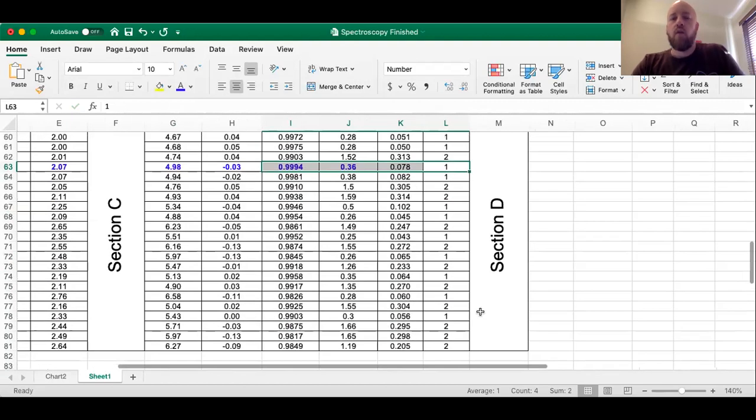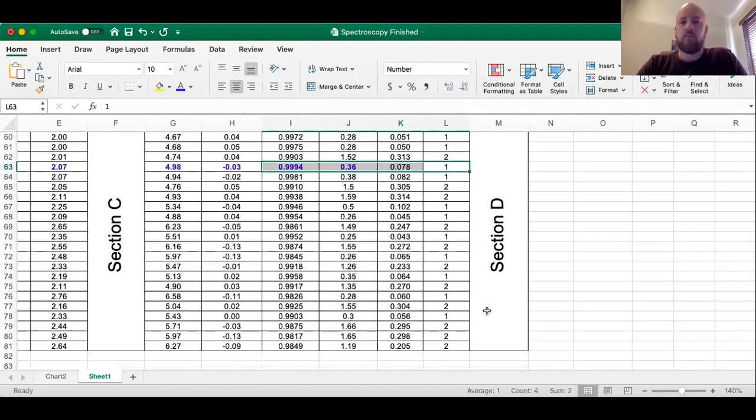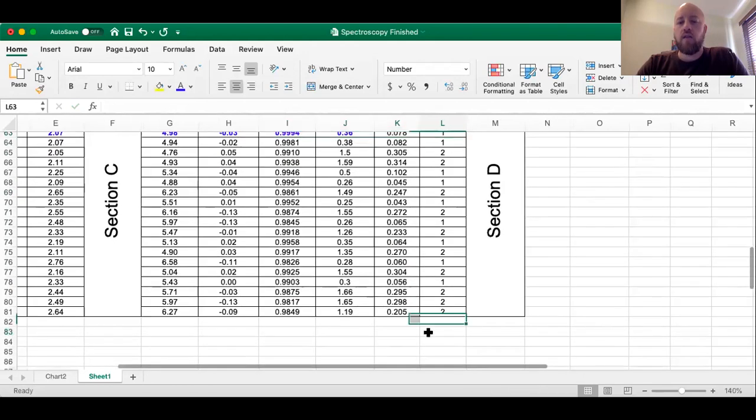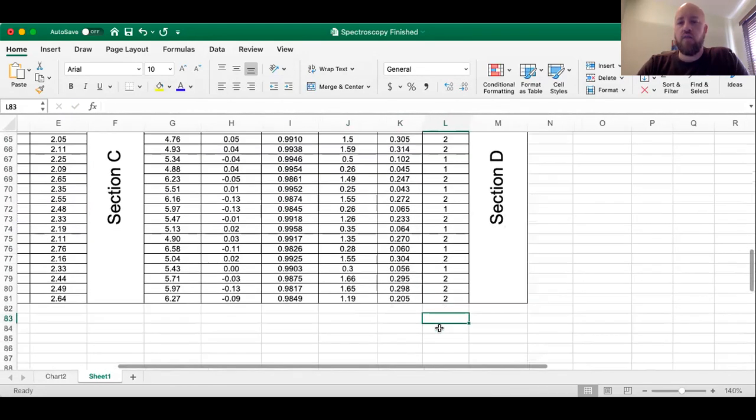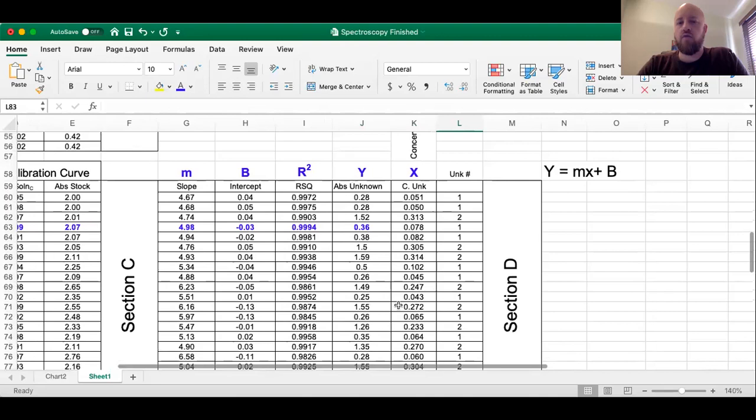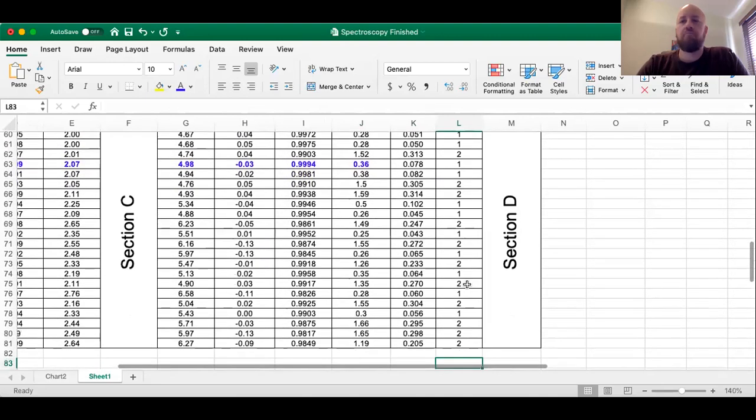Now, the only data analysis you may have to do is to give me a number for unknown 1. All of these students had unknown number 1, so essentially these are replicates.